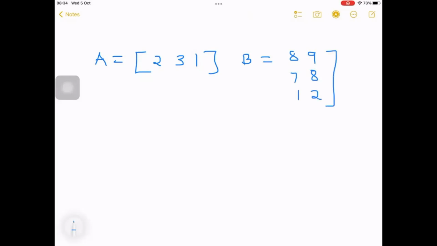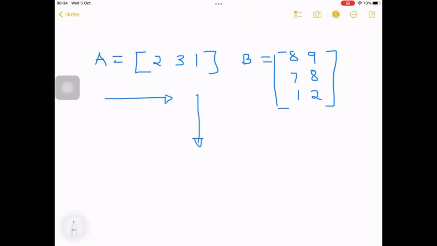So our matrix A, as we know, is equal to 2, 3, 1, while matrix B is equal to 8, 9, 7, 8, 1, 2. So let's multiply these two. In multiplication, you multiply this way: row goes with column.